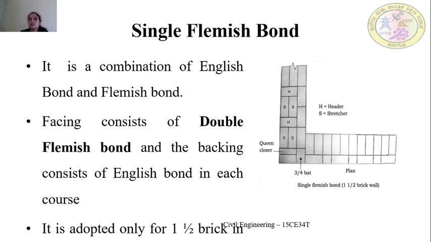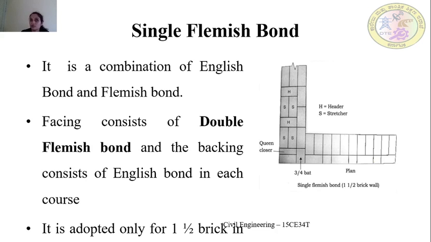After double Flemish bond, we'll discuss about the single Flemish bond. In the double Flemish bond, both the facing elevation as well as the backing elevation remain same. But single Flemish bond is a combination of English bond as well as Flemish bond. When you look from the front, the facing appears as if it is double Flemish bond, but the backing consists of the English bond in each course.